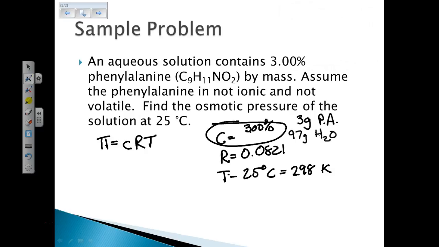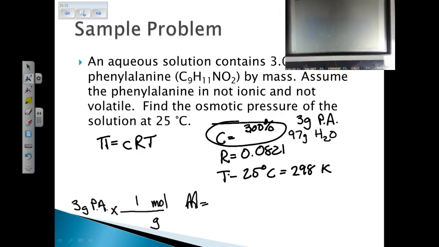Once we have that, that allows us to calculate the concentration. And remember, this is osmotic pressure, so we need the molarity. So molarity equals 3 grams of phenylalanine, and we're converting grams to moles, so 1 mole of phenylalanine.